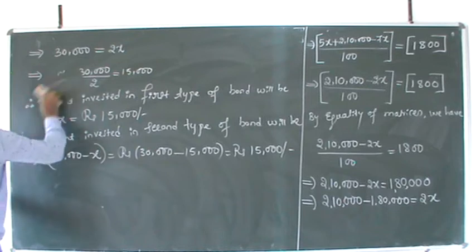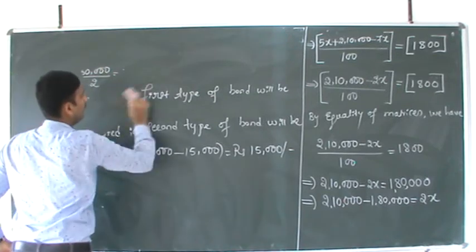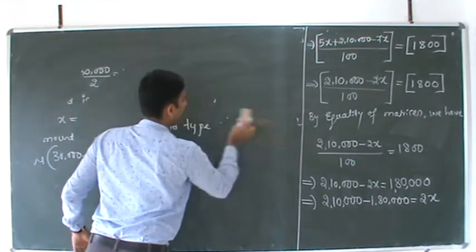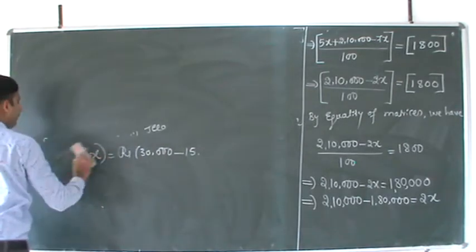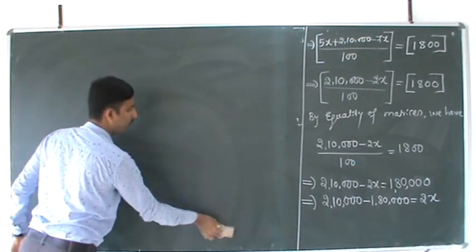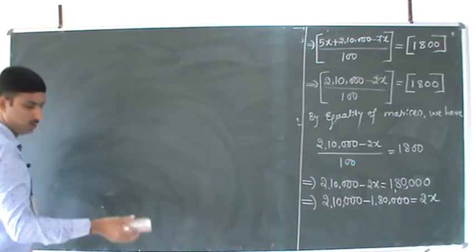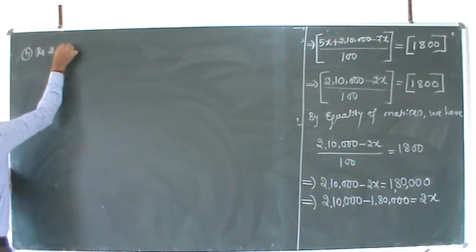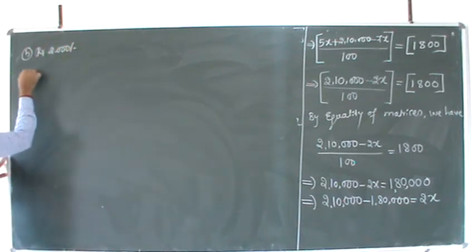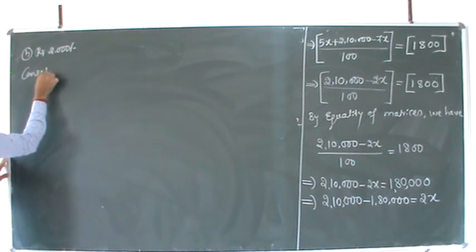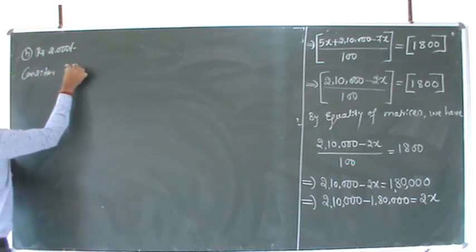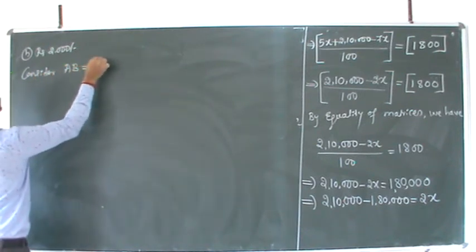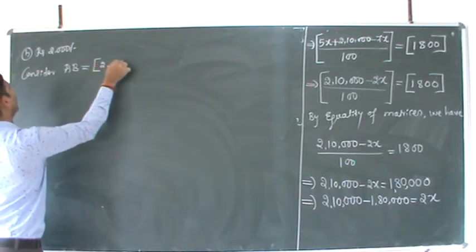After that, the second part. What is mentioned in question B? They have given 2,000. Now B, rupees 2,000. Consider matrix AB, which is equal to 2,000.